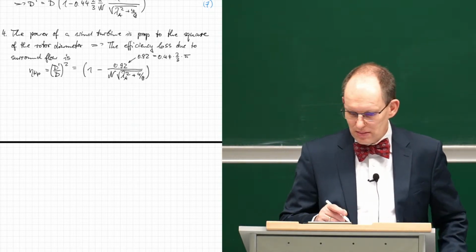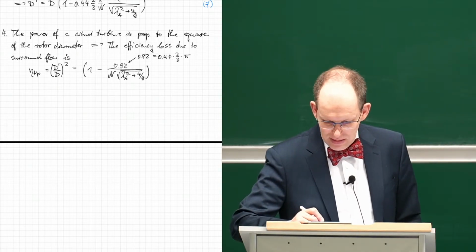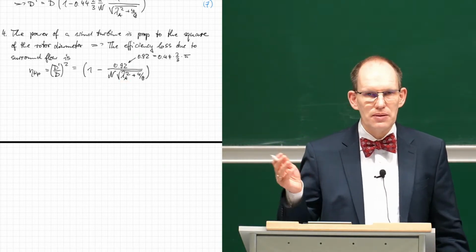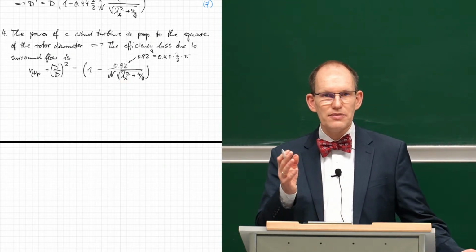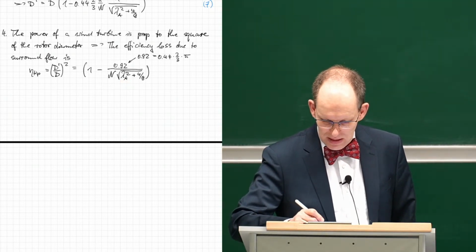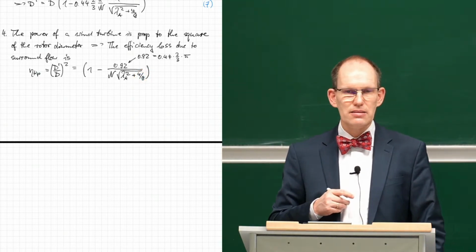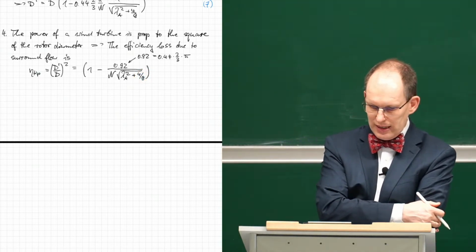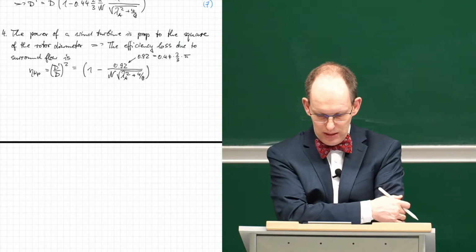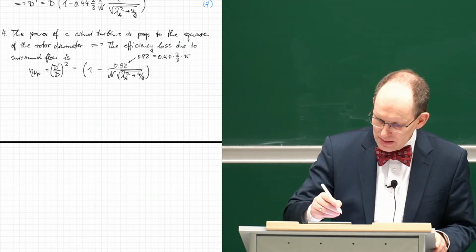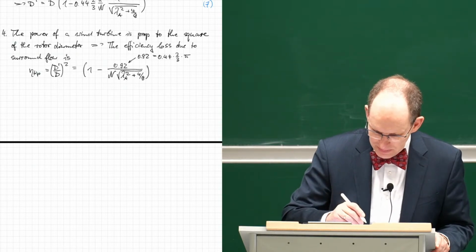So if you put here 7, then the square is 50 or so. And 50 is much larger than 4 over 9. Yeah. So 49 as compared to 4 over 9. So we can simplify this a little bit.